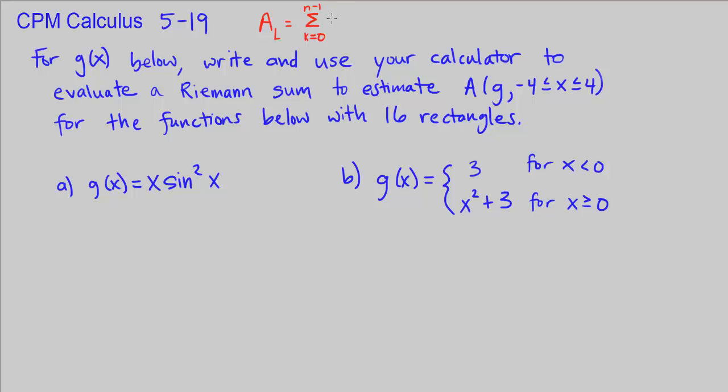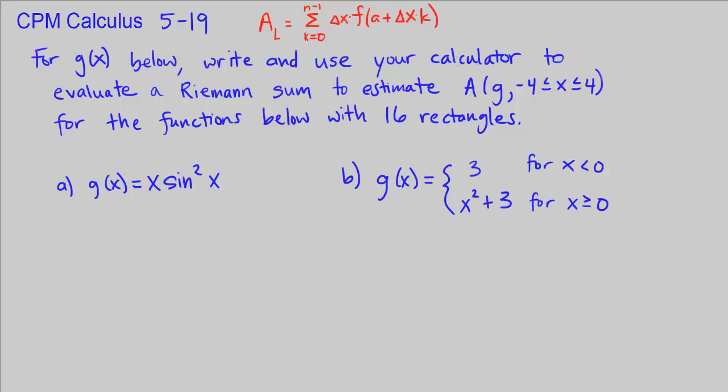We add up, in our argument here, delta x times our function, whatever it is, with the input of a, which is where we're starting, plus delta x times k. So this is in general the area, a Riemann sum area using left endpoint rectangles.